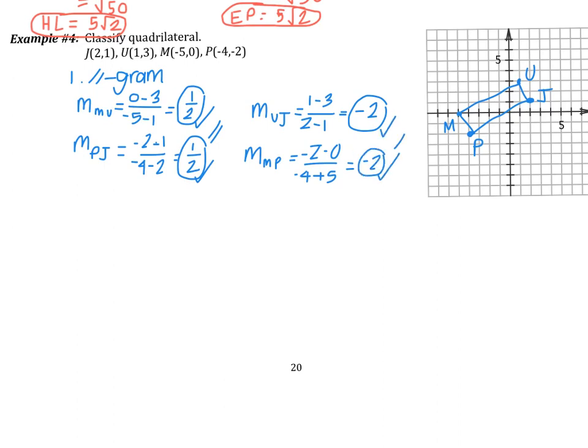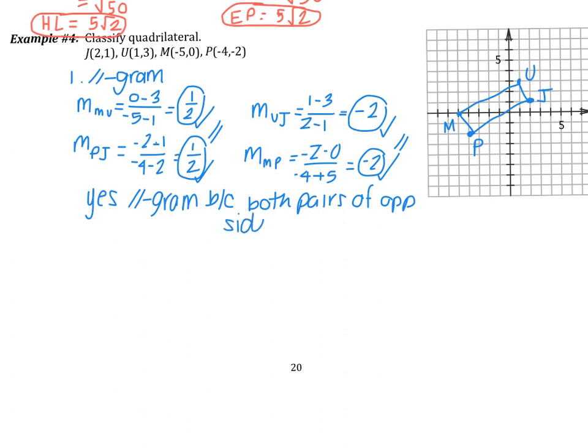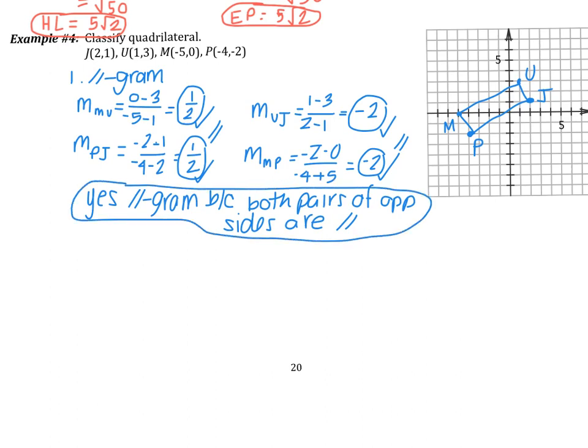So like there, I have my parallel sides. Be specific. Yes, parallelogram. Because I proved that both pairs of opposite sides are parallel. That's how I proved it. If you did a different way, make sure you write that.